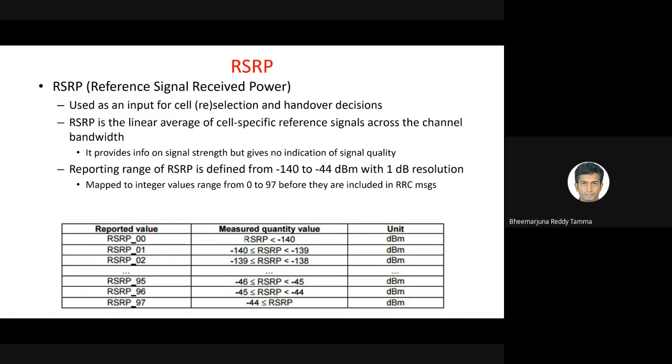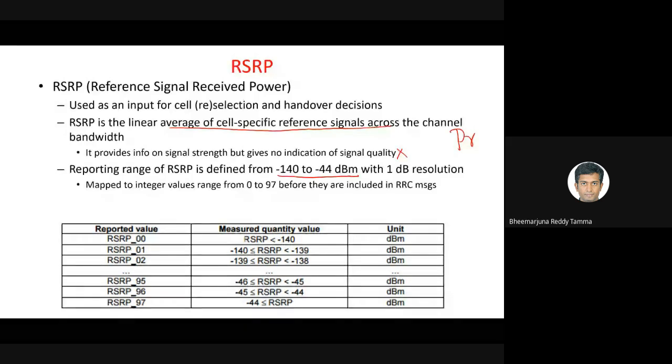RSRP is nothing but the average power that you are getting from the reference signals transmitted by the base station over the entire channel bandwidth. But it is a power received. It is not the signal quality, so it does not provide you any signal quality. The power received is defined in the range of -140 dBm to -44 dBm with 1 dB resolution.